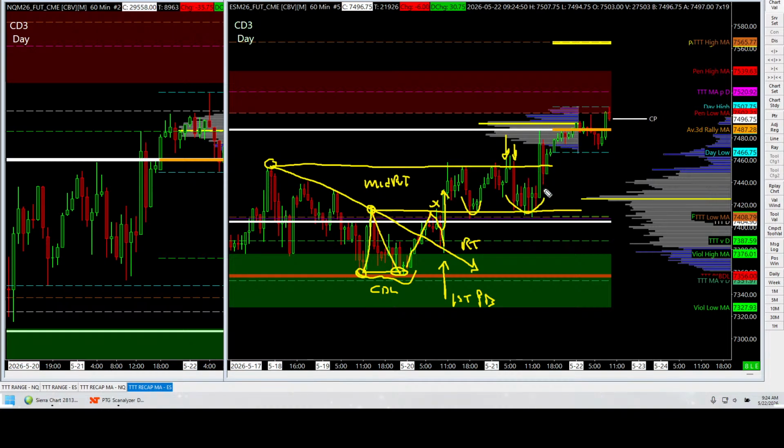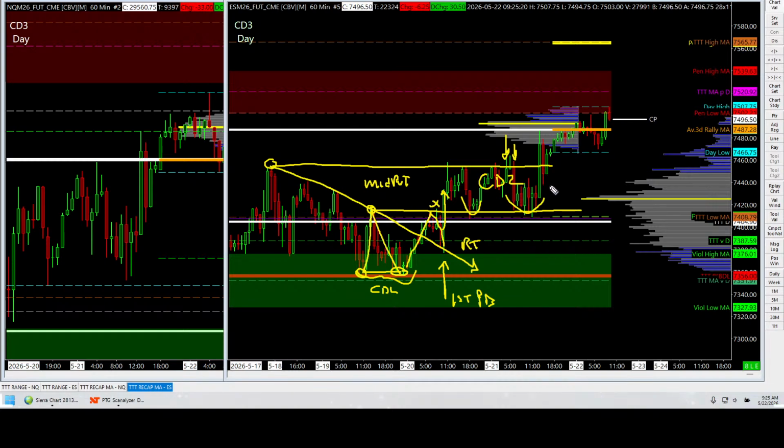This was cycle day 2 activity, going from cycle day 1 into cycle day 2. So what do we expect typically for cycle day 2? Some sort of backing and filling, consolidation. For an ideal cycle rotation, that's what we're looking for.